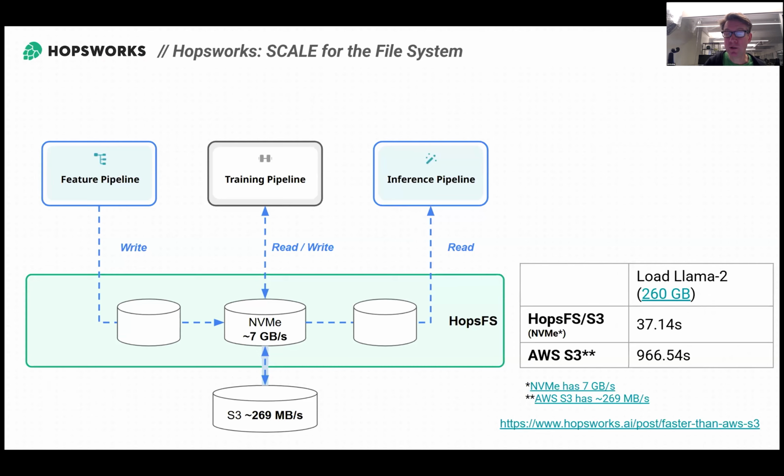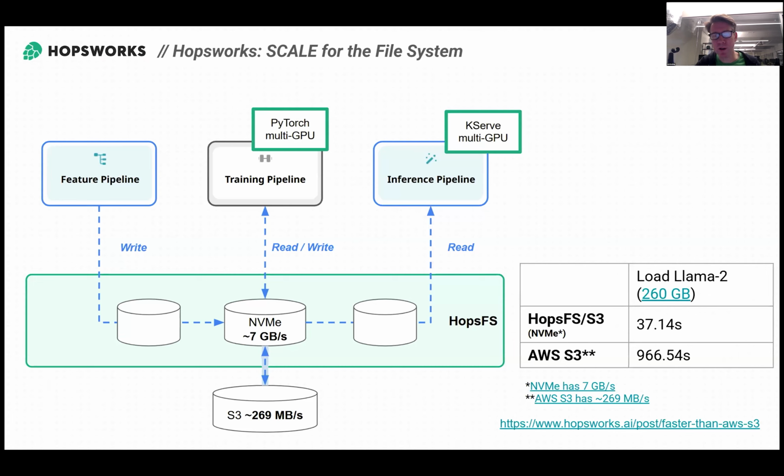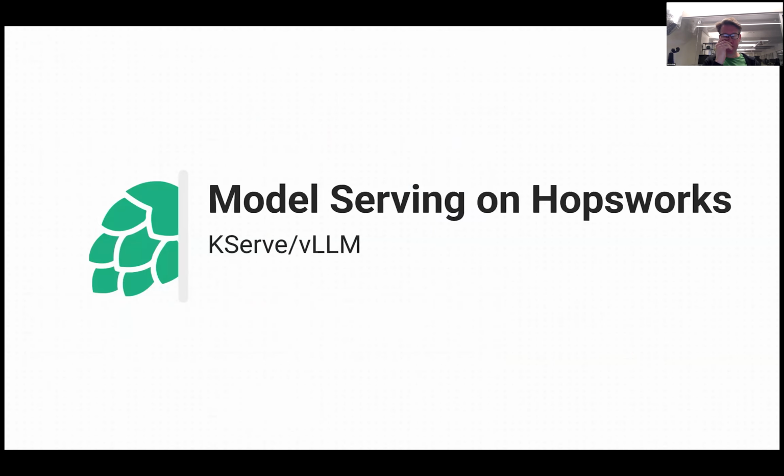So instead of going to S3, it can go to local NVMe disks transparently. You don't need to change anything in your code, and you get massive improvements in throughput. And that can be done both for training and fine-tuning, but also in inference, loading your models, which can be quite slow when they're hundreds of gigabytes in size. So I'm going to just finish up by mentioning briefly how we serve models in Hopsworks.